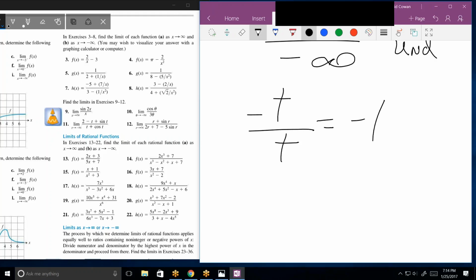How about 12? What's 12 go to? Under the same exact logic. Okay, so infinity plus. No, don't even think of it like that. Think of it as focus on the polynomial only.